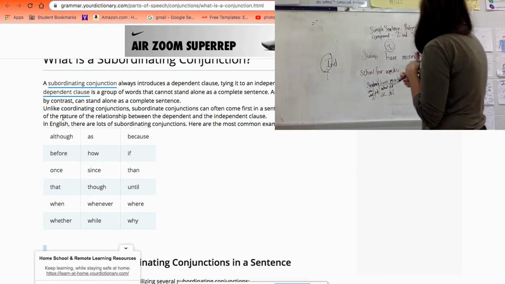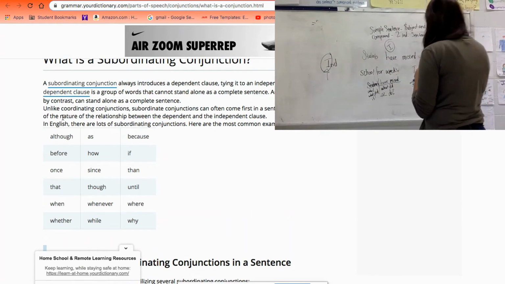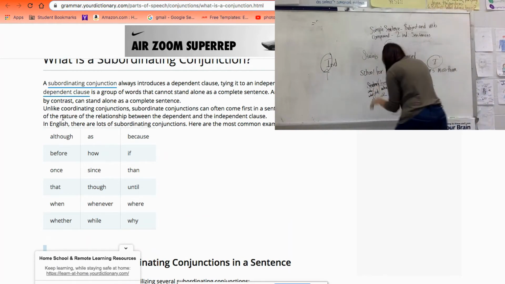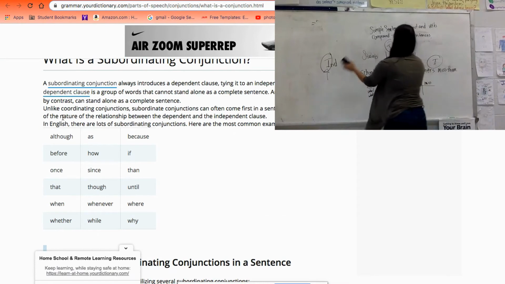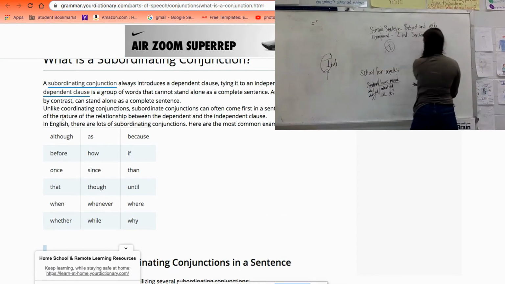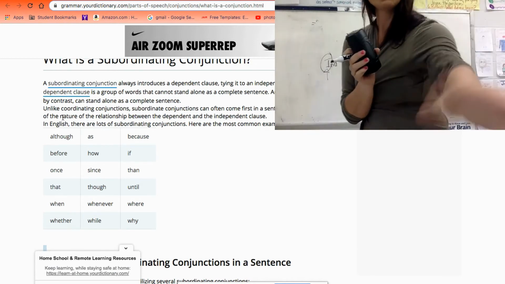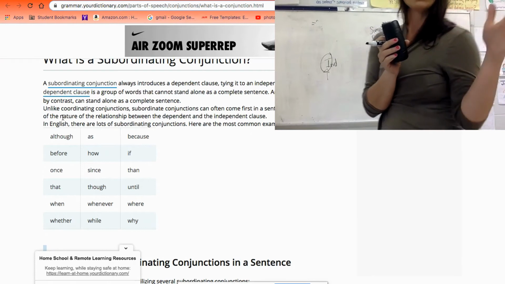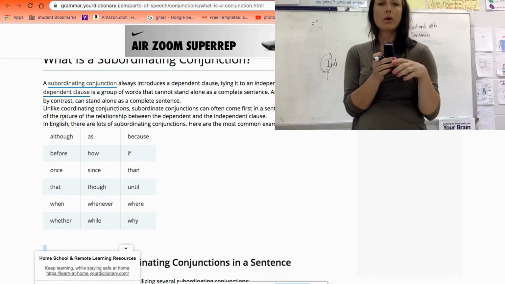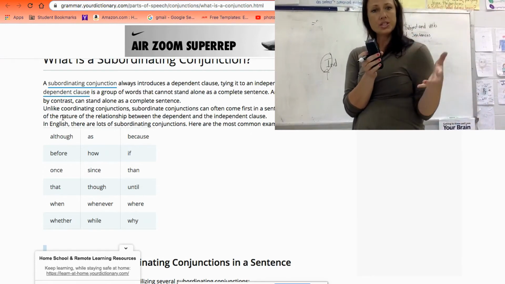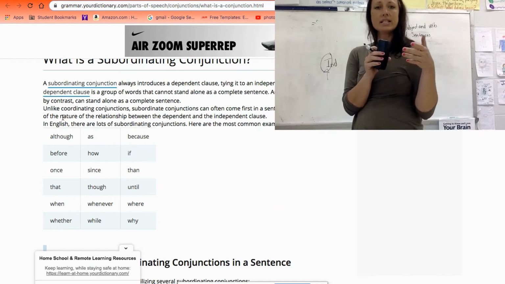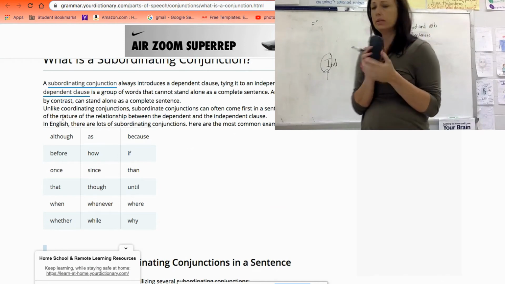So we are now going to create a complex sentence. So if I have to create a complex sentence, I'm going to go to my list. My teacher's given me my list right here, and you can see it on the screen. Although, before, once, that, when, whether, while, whenever, though, since, how. I'm going to make a sentence that starts with one of those words.